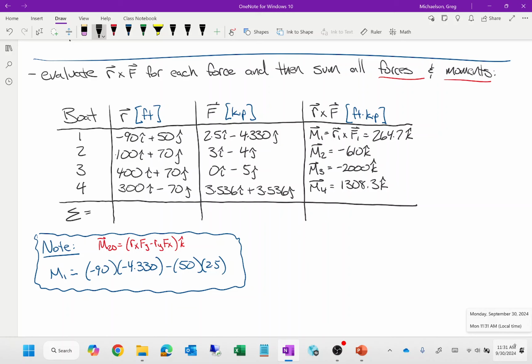So we'll get a resultant vector. And what is that? We'll say 2 decimal places on this.